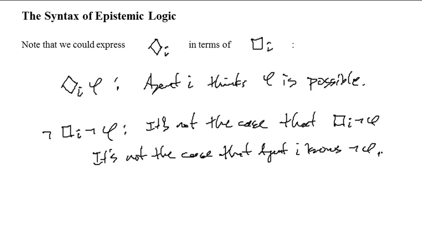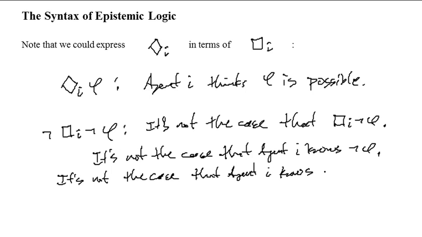Well, think about it for a second. What does that mean? That means that agent I must at least admit the possibility that not phi could be false. But for not phi, or the negation of phi, to be false is exactly the same thing as saying that phi is true. So in other words, if we want to write this out in the more complicated form, we could say it's not the case that agent I knows phi is false.